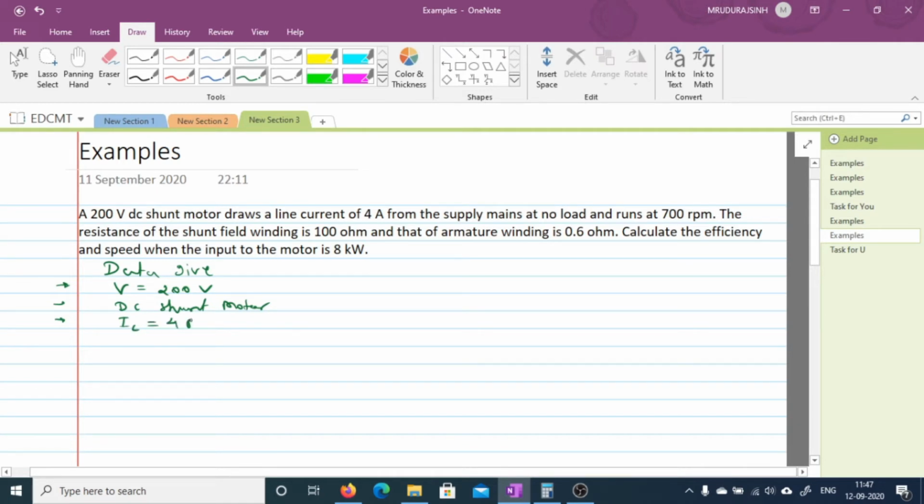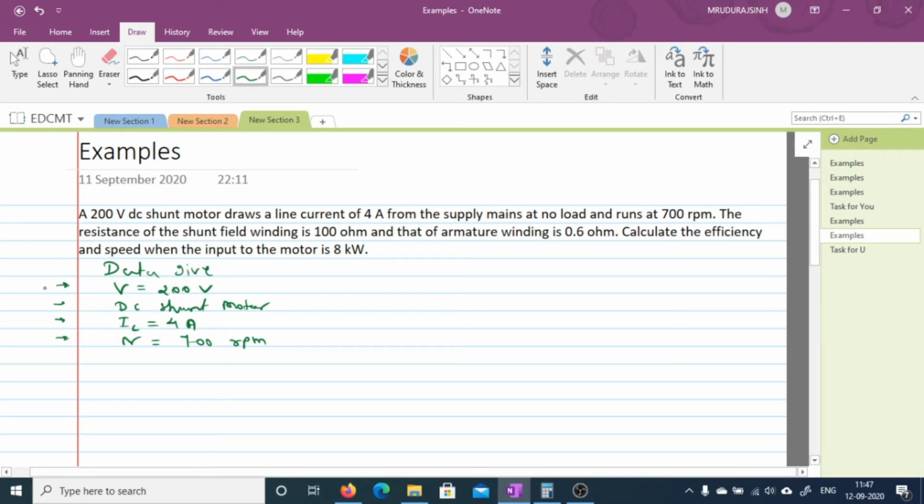IL is equal to 4 ampere from supply mains at no load and runs at 700 rpm. So this is the no load current and N is equal to 700 rpm.